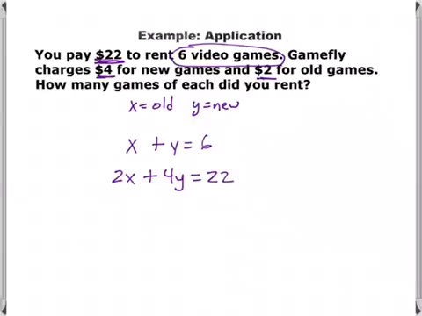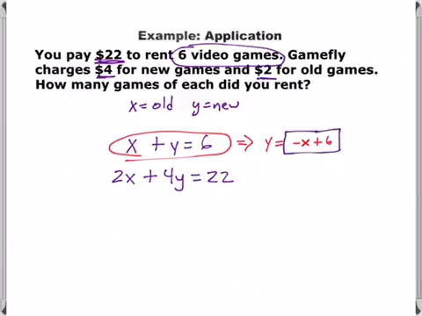So these are our two equations, and we want to try to solve these. Well, to solve this using substitution, I want to first try to rewrite this equation. Let's say I want to solve it for y. So I'll subtract x over, giving me the equation y equals negative x plus 6. So I'm going to take what y equals, and I'm going to plug it in for y in the second equation.